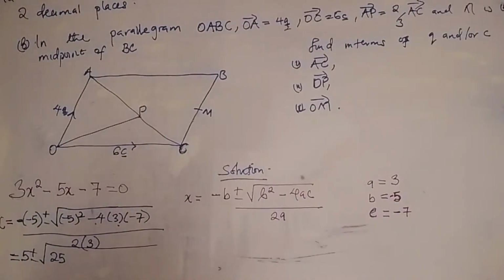Negative 12 times negative 7, what do we have?